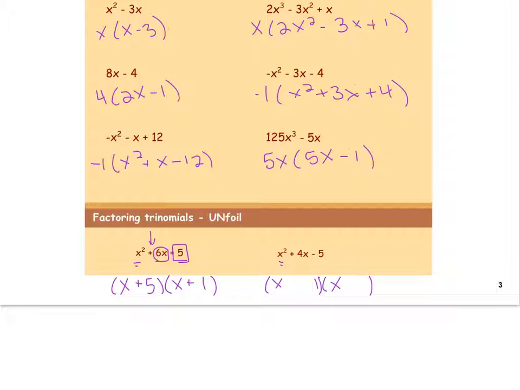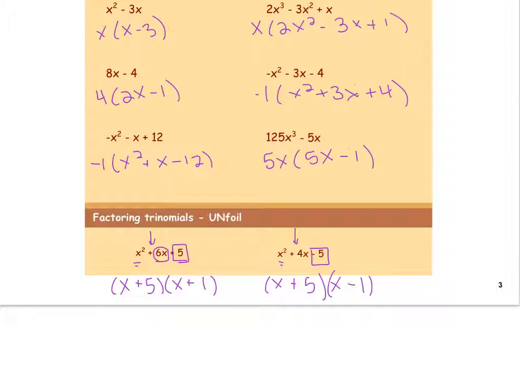Now if I look at this 5, again, 5 and 1. Now if you look, it's a negative 5. So negative 5 means that I had to have a positive and a negative sign in order to have a negative product. Since my middle term is positive, that means that the bigger guy had to be positive and the smaller factor had to be negative.